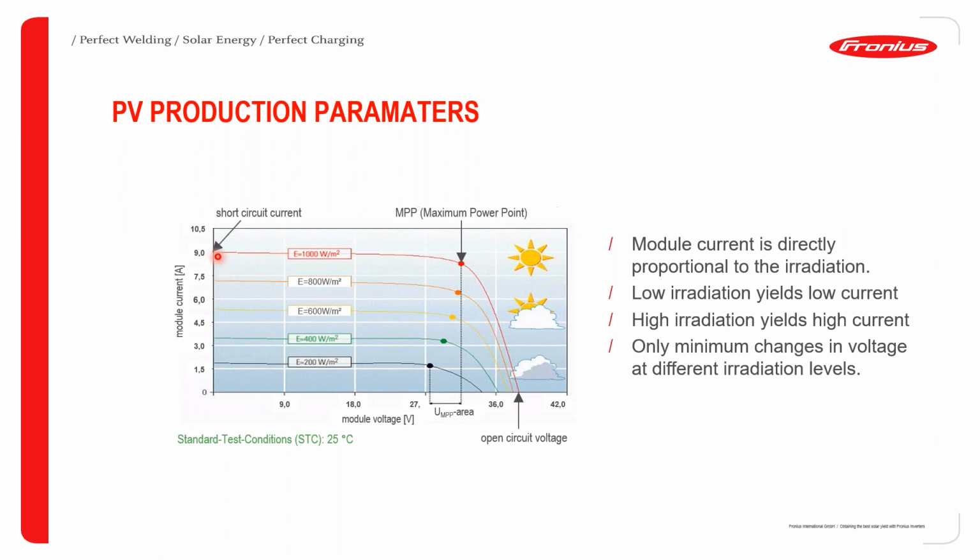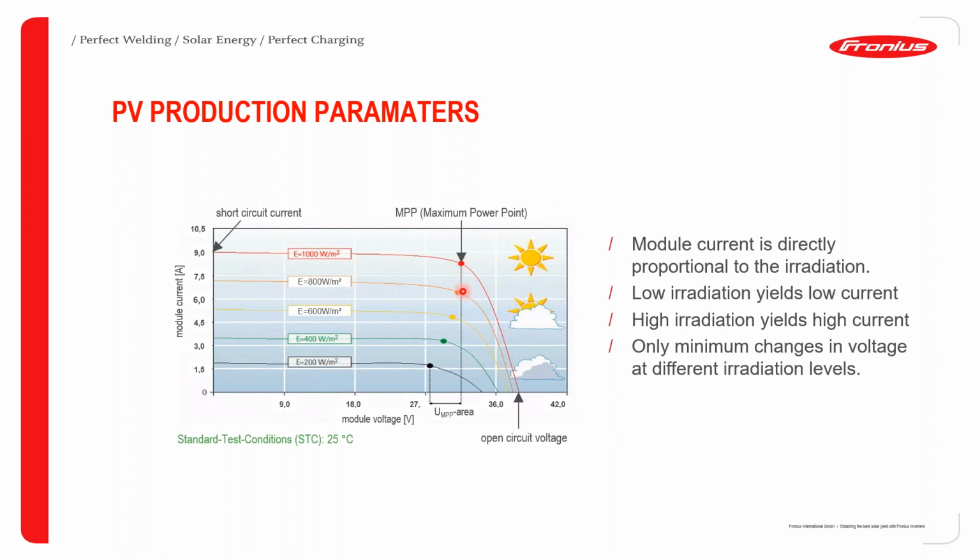What you can also see clearly here is that the short circuit current increases significantly with an increase in irradiation. Also worthy of note is that for each of these curves, we have what we call the maximum power point, which is the point where the maximum solar yield can be obtained.